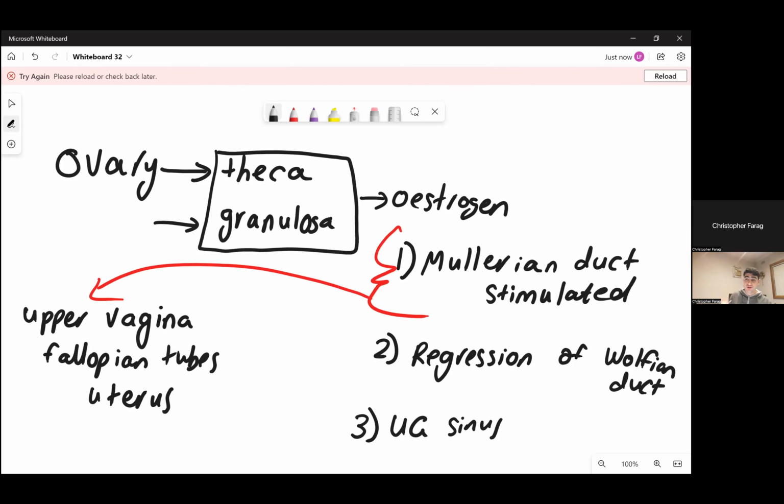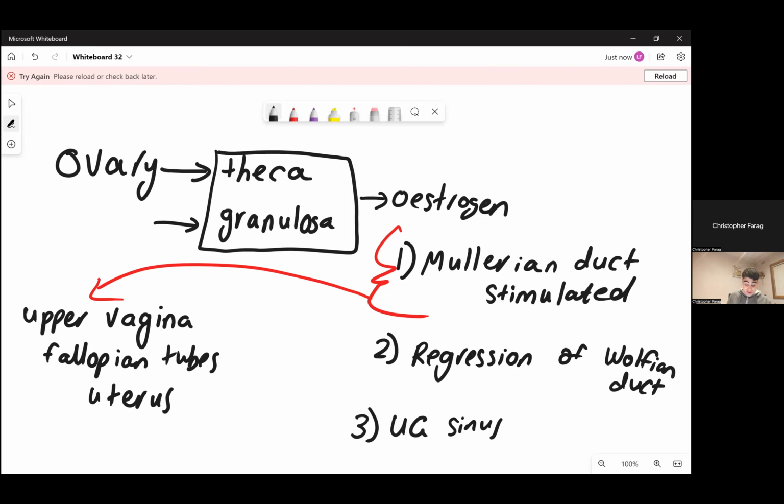So in a female, noting that the Wolffian duct regresses, it atrophies, it undergoes apoptosis, goes away, whereas the Müllerian duct stays a feature within the female. And it's really important to understand this because in a male, it's the opposite. In a male, the Müllerian duct is going to regress and the Wolffian duct will remain patent.